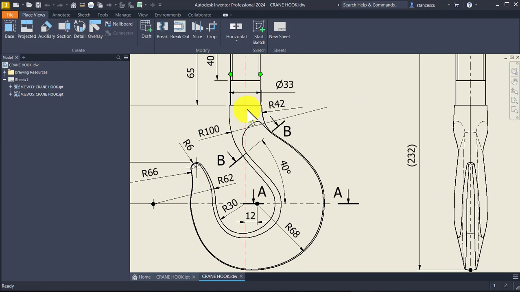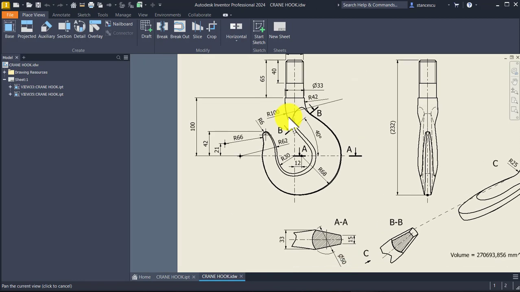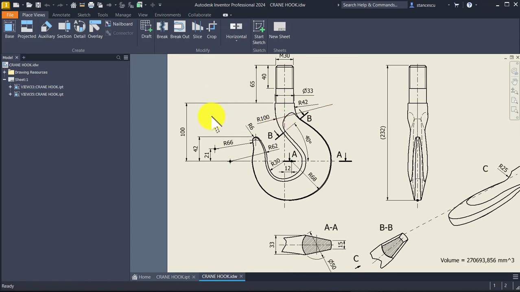but the first step is to create this horizontal line at 33 length and 100 from the center point. This is the center point. There is a radius of 30 in the center point and 68 at 12 millimeters on horizontal.